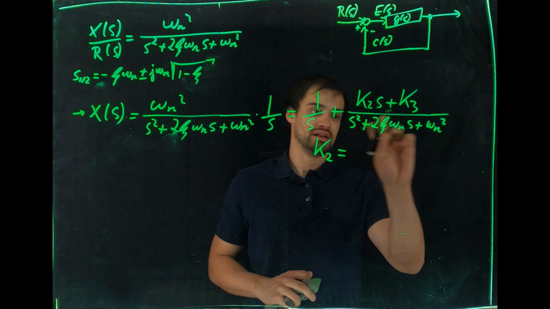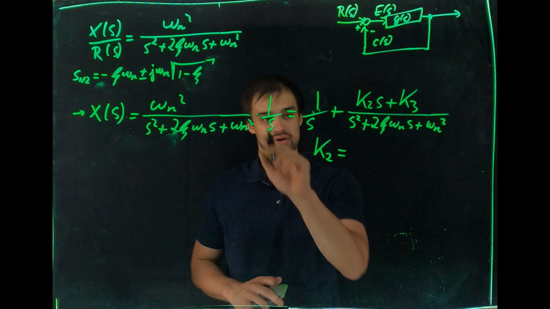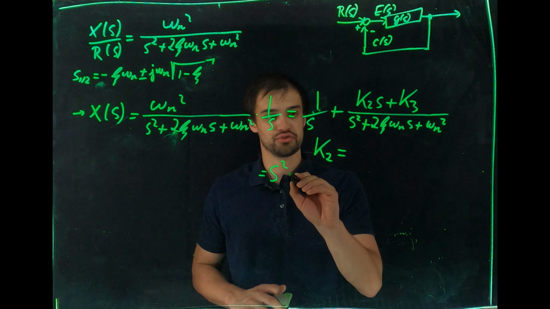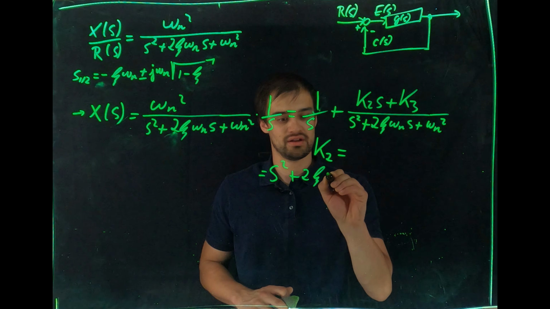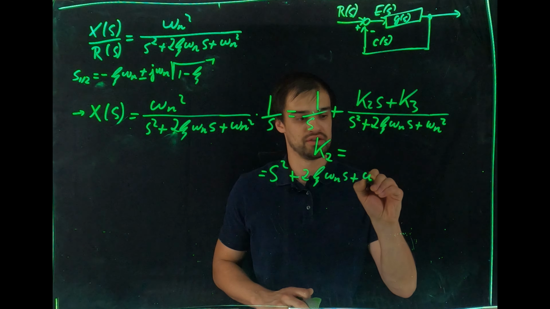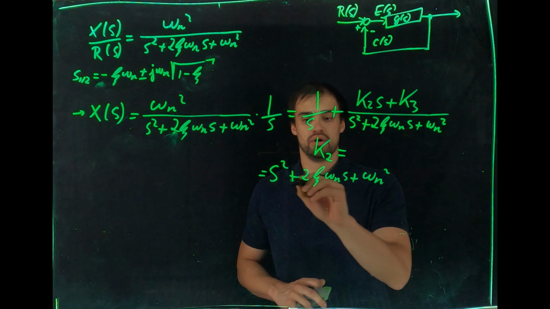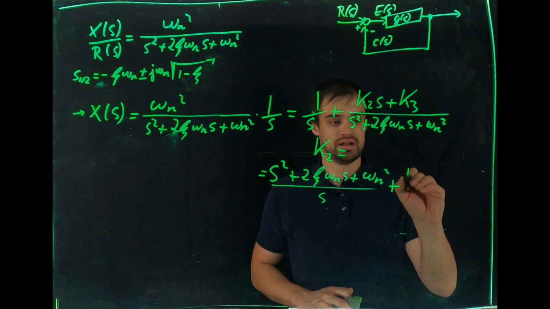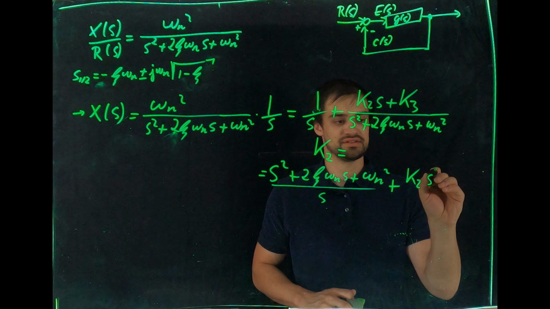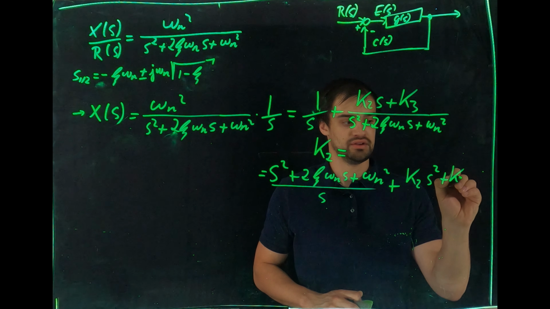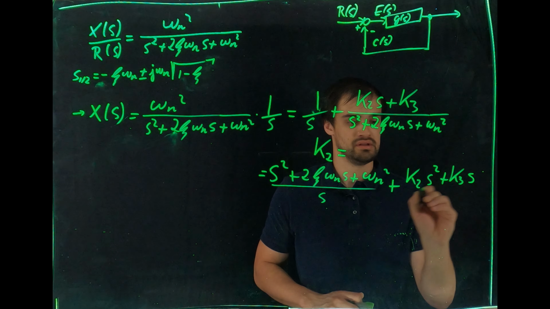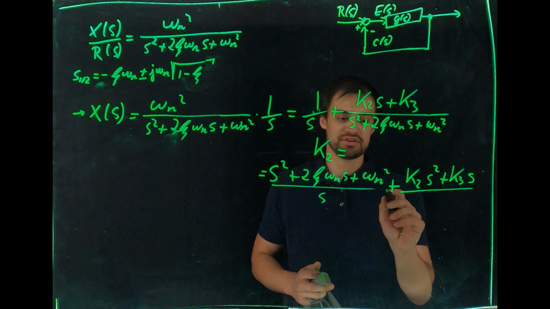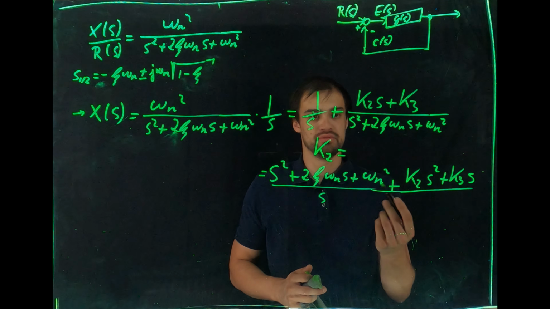Okay, in fact, let us multiply quickly by this term on the left-hand side. So we have s squared plus 2 zeta omega_n s plus omega_n squared over s, and multiply this term, plus k2 s squared plus k3 s over this whole term. It doesn't really matter because it's a common denominator now.